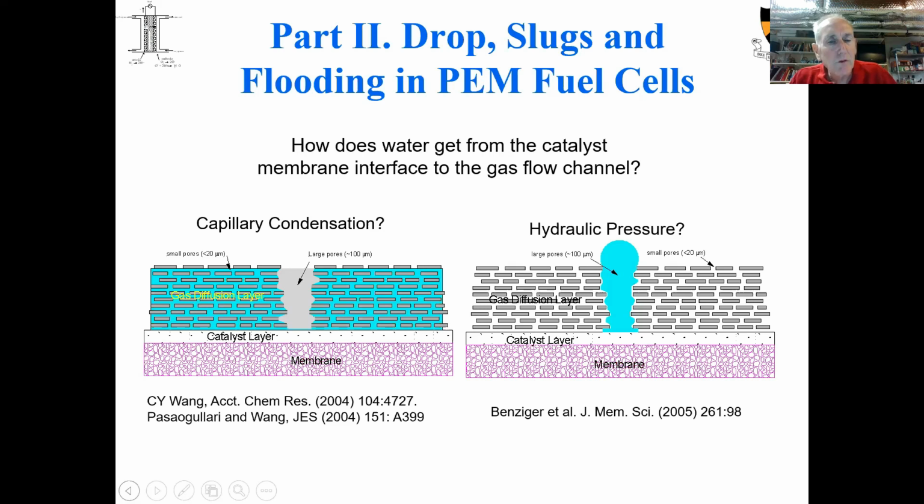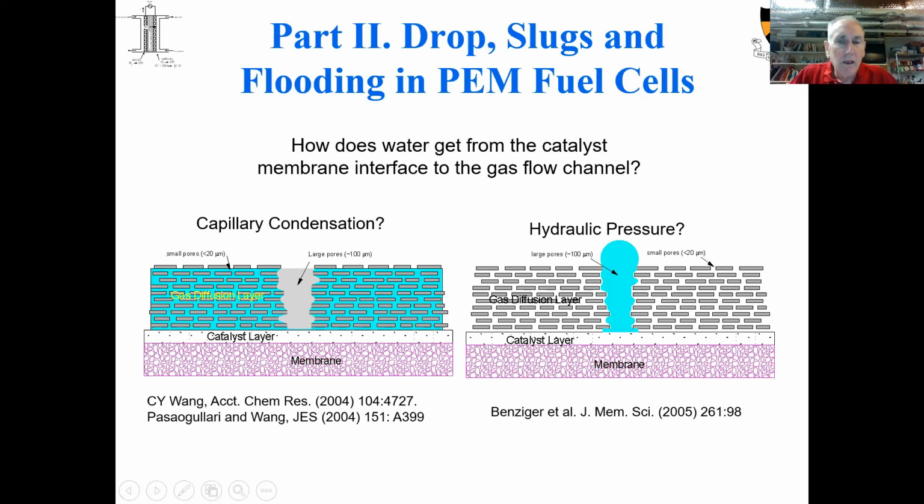This highly porous gas diffusion layer provides mechanical strength to hold things together. It allows gases to get from those serpentine flow channels to the catalyst. And it allows water that is formed to move out of that layer.